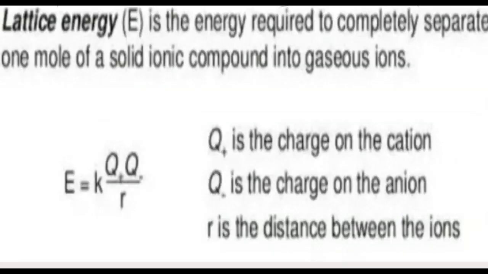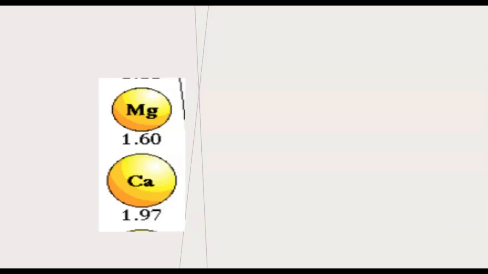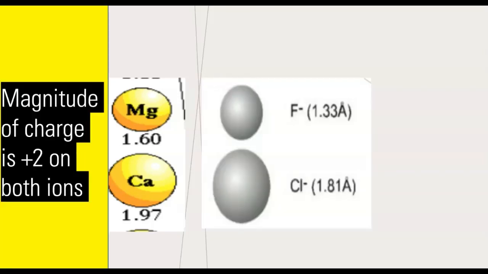One is the value of charge, and the other one is the radius of the cation and anion. So in this case, it only depends on the size of the ion, because the magnitude of charge in both cases is the same.